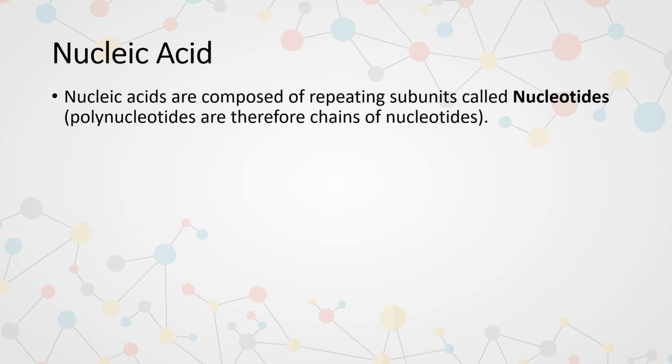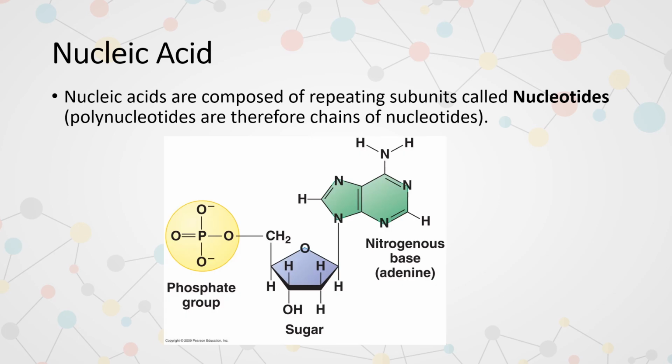Nucleic acids are composed of repeating subunits called nucleotides. So these nucleic acids, RNA and DNA, are composed of nucleotides. If proteins come from chains of amino acids, nucleic acid comes from a chain of nucleotides, and nucleotides have different parts.